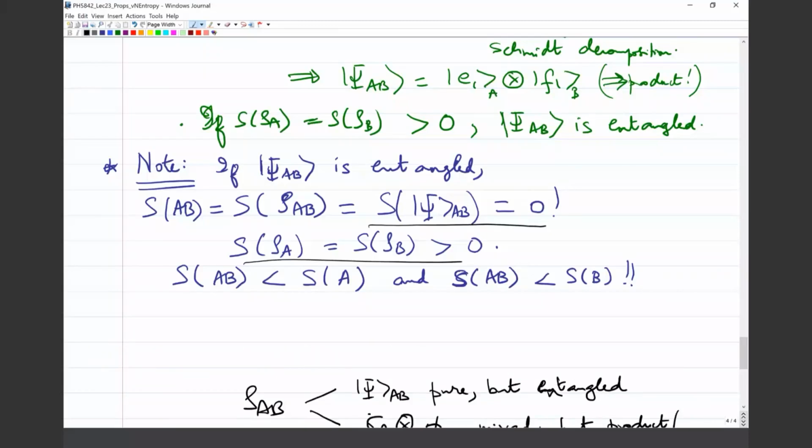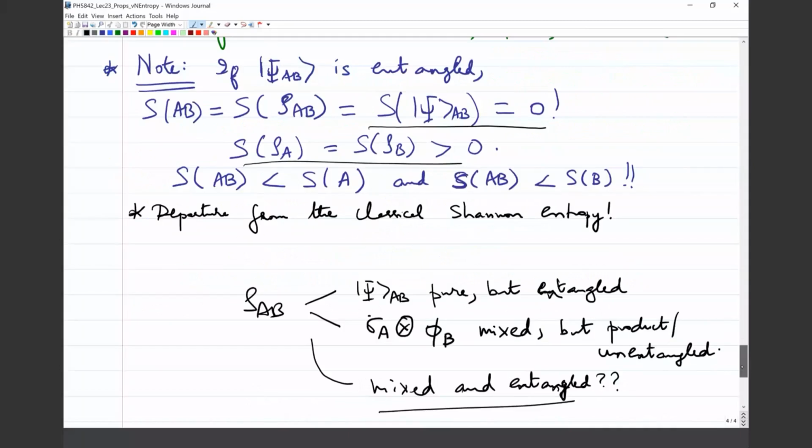So this is a clear departure from the classical Shannon entropy, where this can never happen, right? It's like saying that I have a joint distribution which is a delta distribution, and then somehow the marginals of this delta distribution have become more spread out. Not only have they become more spread out, you can have an extreme version of this.